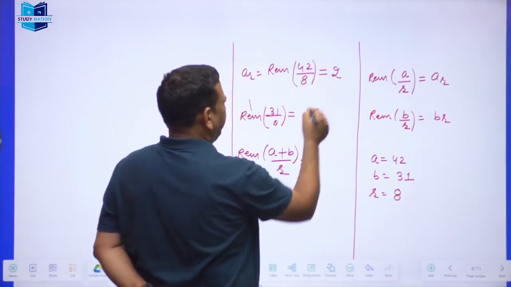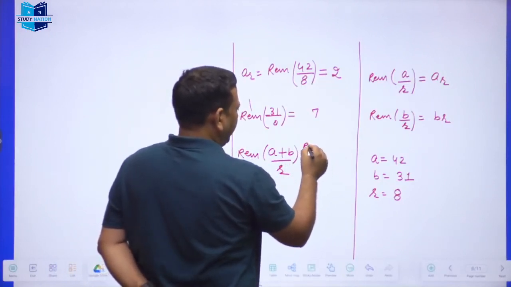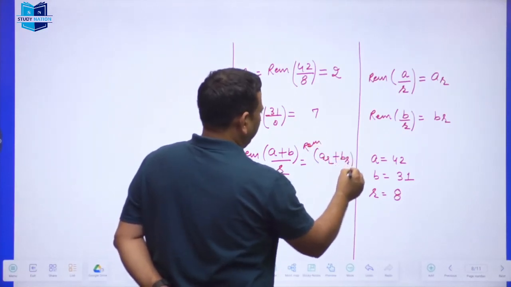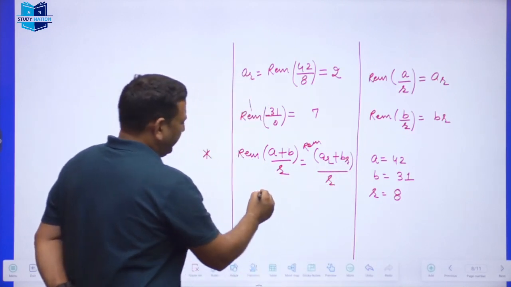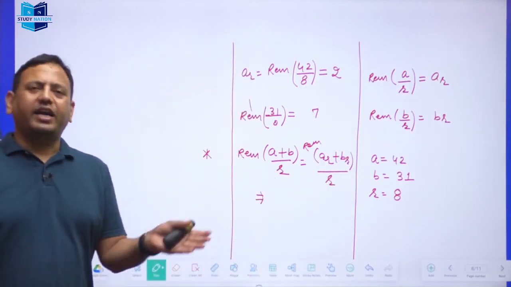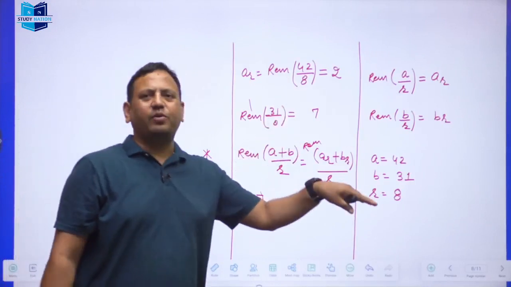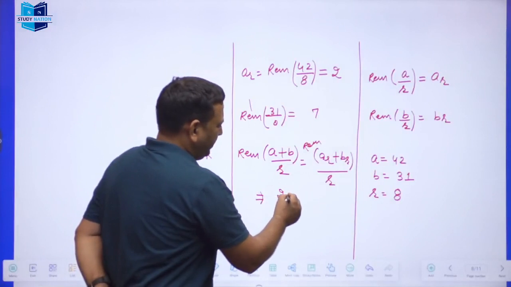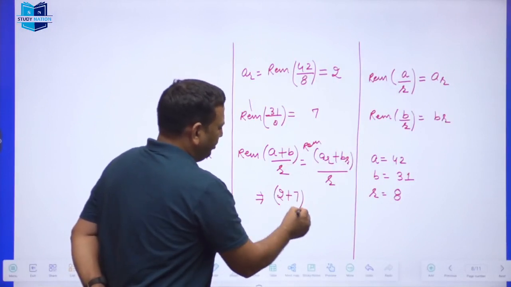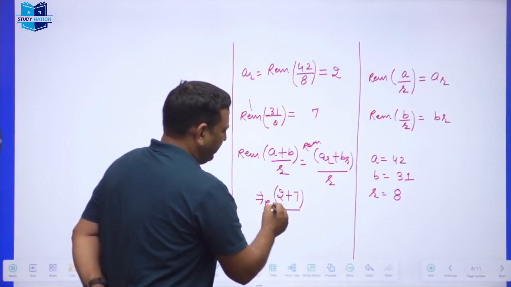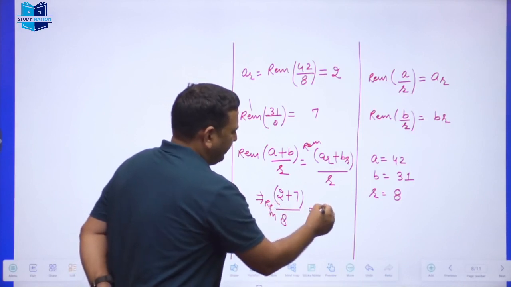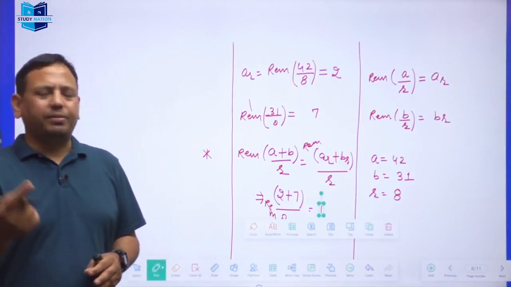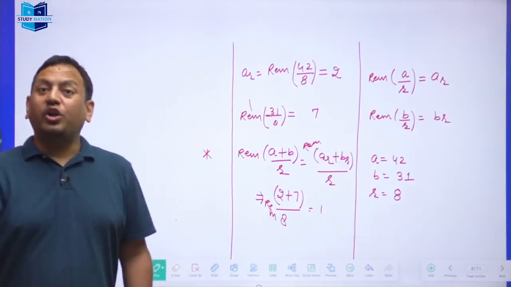It would be written as the remainder of ar plus br divided by r. So if the number is greater than the divisor, again calculate the remainder. First ar is 2, br is 7, and the sum 9 is more than the divisor 8. So the remainder would be 9 divided by 8, so 1. So the concept says, whenever you do something, always apply it only on the remainder.